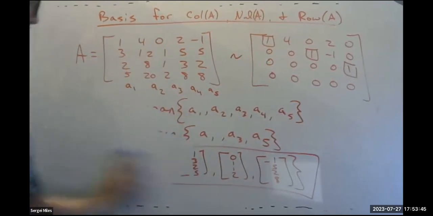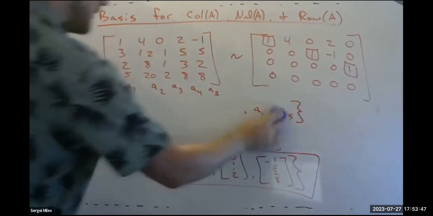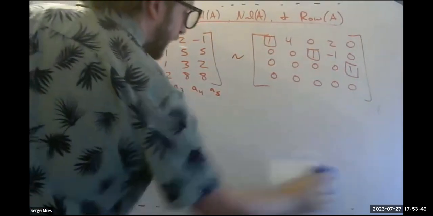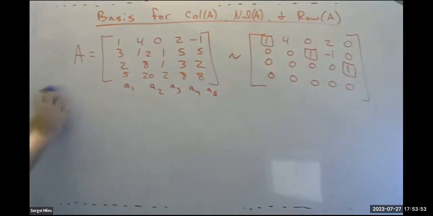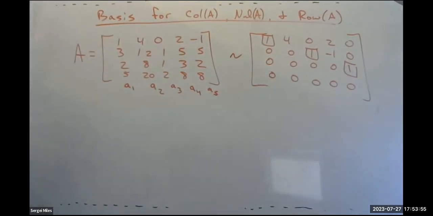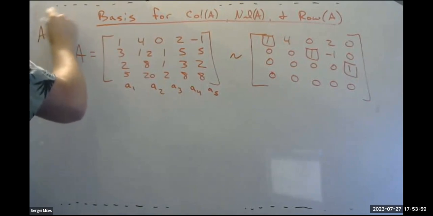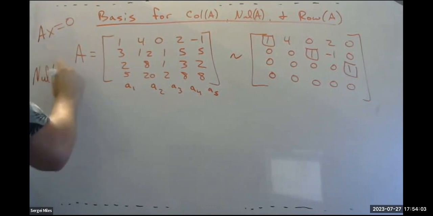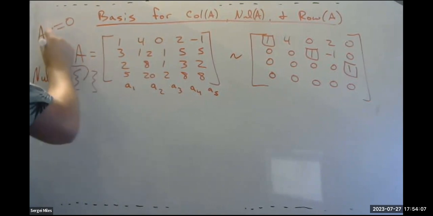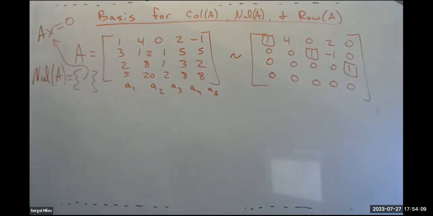Remember that the whole point of the null space is to find the set of x such that it's a solution to the homogeneous system, right? Remember, the null of A is a set. It's an infinite set of all the x, well, possibly infinite.